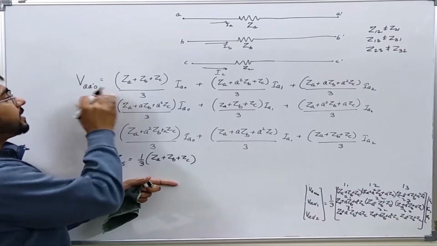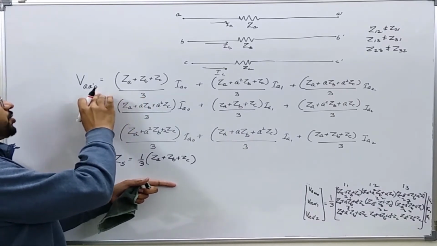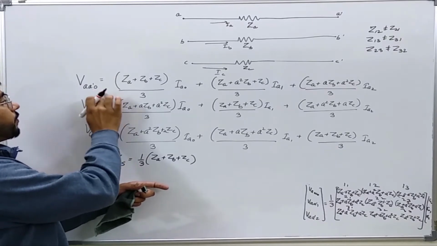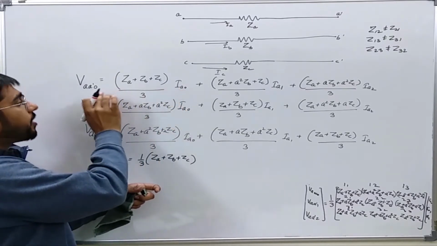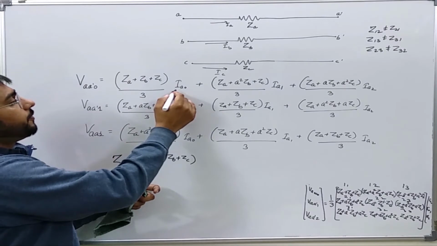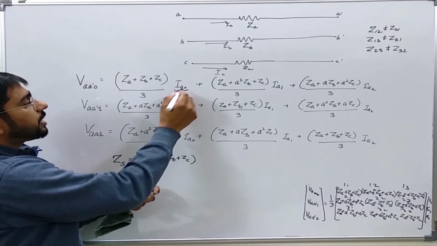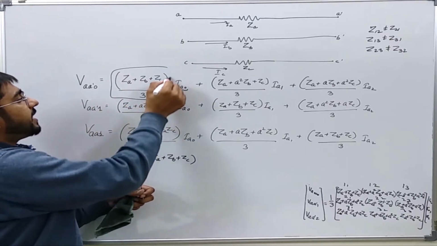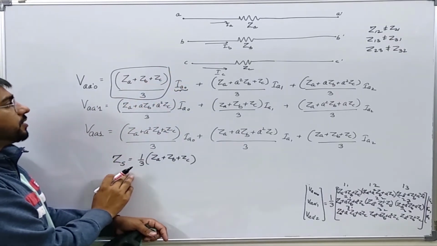You can clearly see that the zero sequence voltage drop, or the component of zero sequence voltage drop which is created by the zero sequence current, is depending upon this value, which I have written as Zs.